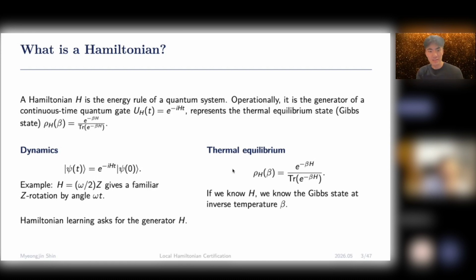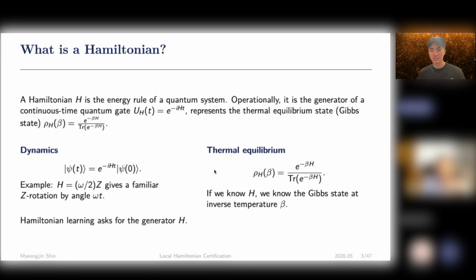The first setting is trying to learn or certify the Hamiltonian H in the dynamics model, in which we can give queries to e to the minus iHt. Giving queries to e to the minus iHt gives information about H, so we can extract some information, and that's the main goal of this talk: trying to extract the information of H by querying e to the minus iHt.